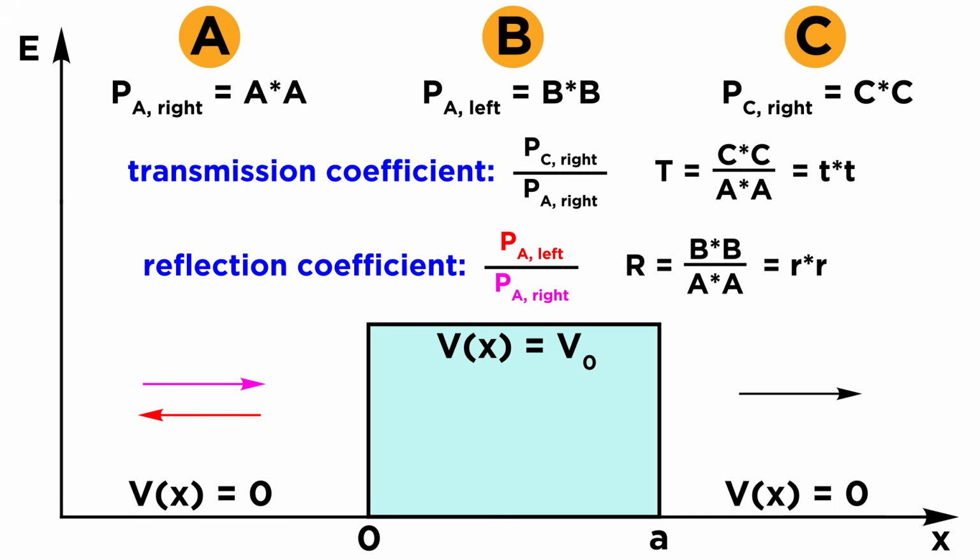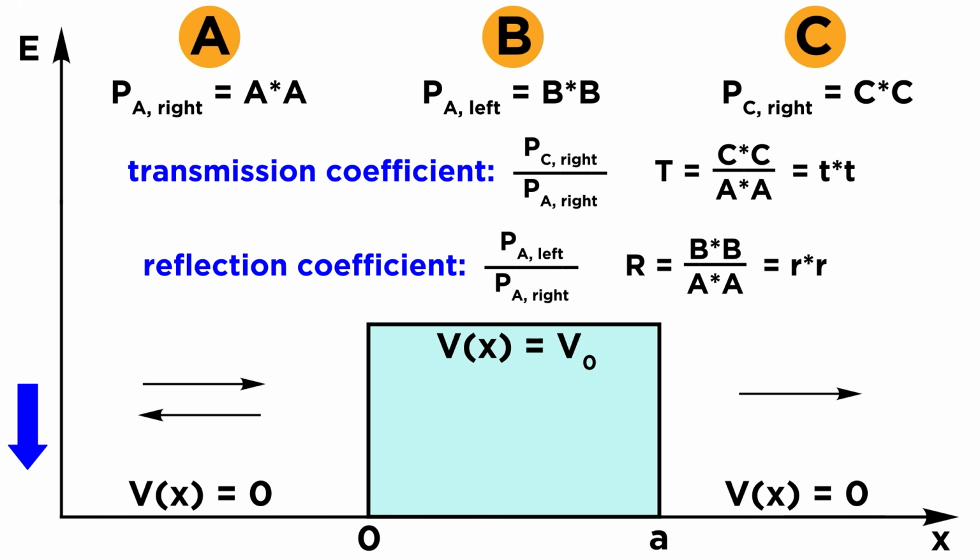This tells us the ratio between the probability of finding the particle traveling to the left in region A and traveling to the right in region A, which gives us information about the probability of the particle being reflected by the barrier. So when considered together, these two parameters, the transmission coefficient and the reflection coefficient, describe the likelihood of the quantum particle either passing through the barrier or being reflected by the barrier.